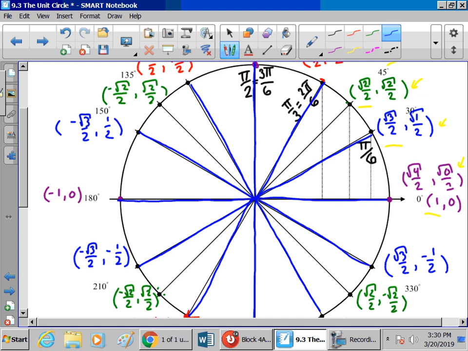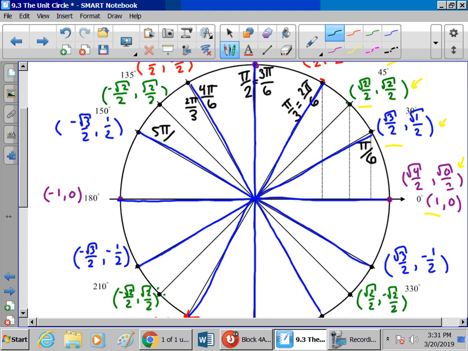Okay, so we got pi over 6, 2 pi over 6, 3 pi over 6. Okay, well, 4 pi over 6, right? What's this next? I'm going to start using green, because it's a little easier to see than black. Okay, so 4 pi over 6. It's the same as 2 pi over 3. 5 pi over 6.